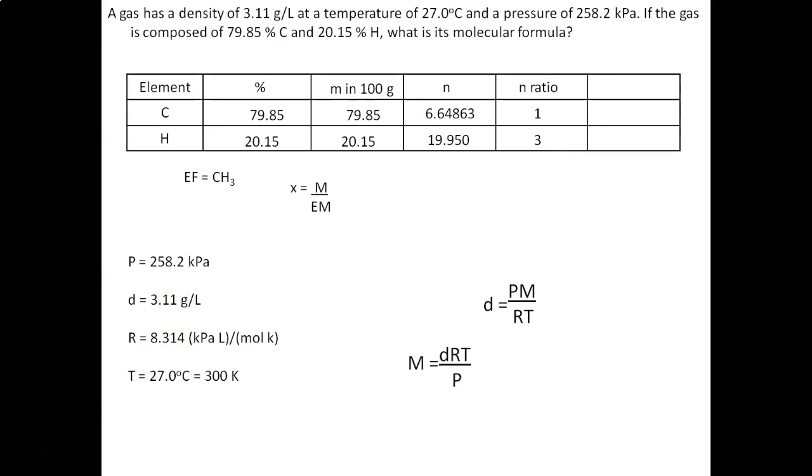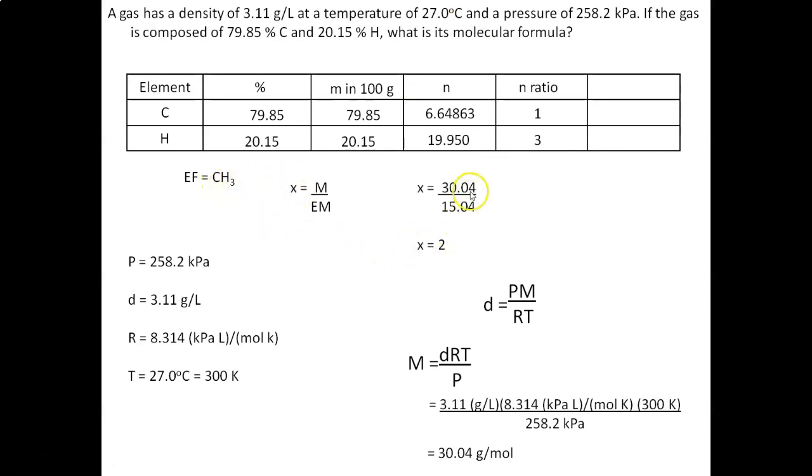So I can manipulate my equation and solve for my molar mass. We get a molar mass of 30.4 grams. Now I can solve for the factor by dividing my molar mass by my empirical mass, and I get a value of 2. Therefore, my molecular formula is C2H6.